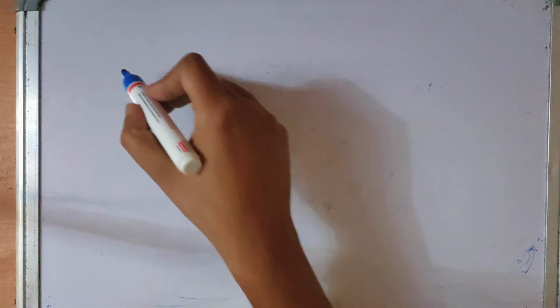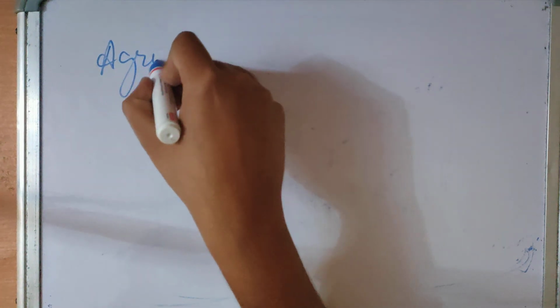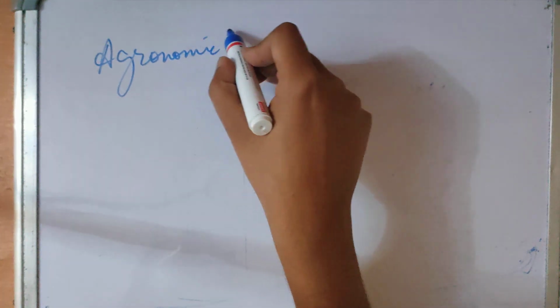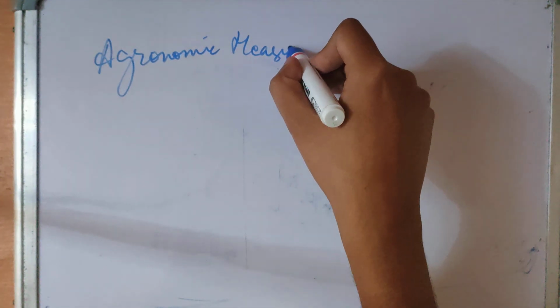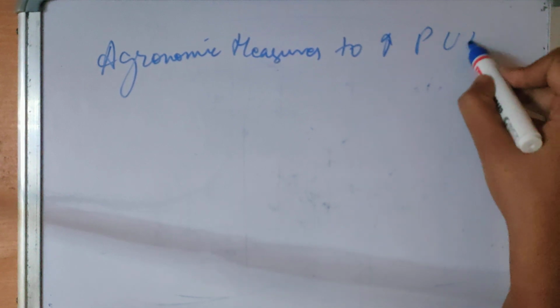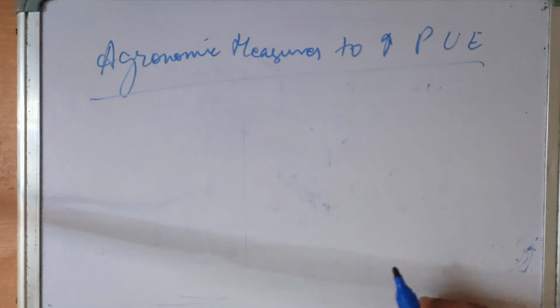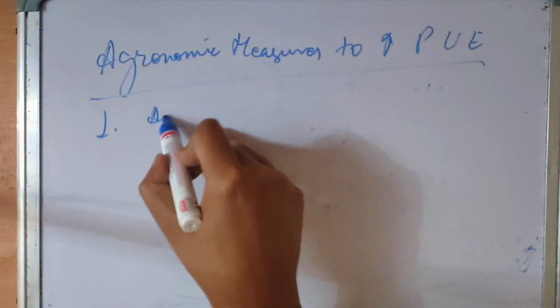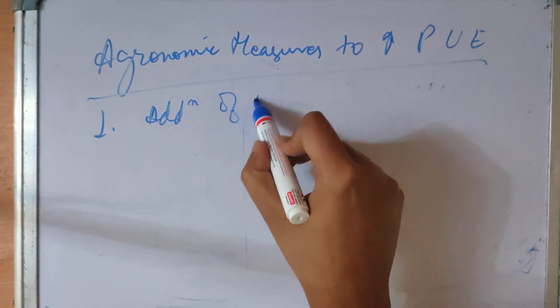So what are the agronomic measures to increase phosphorus use efficiency? First one is addition of organic matter.